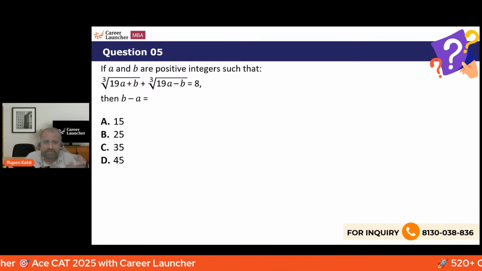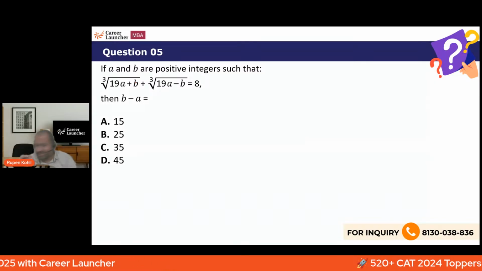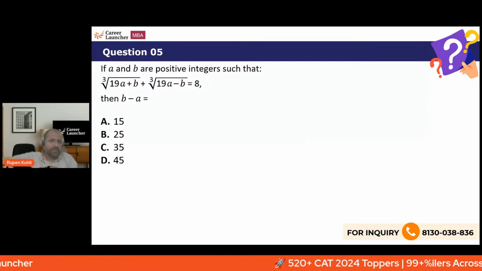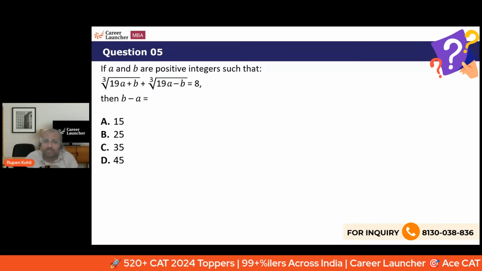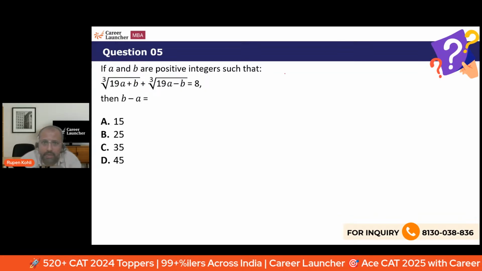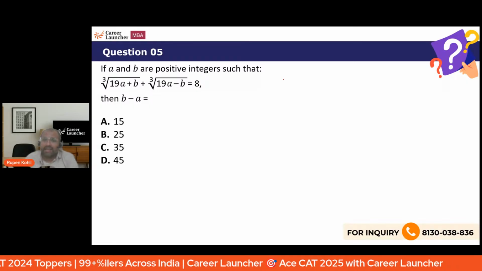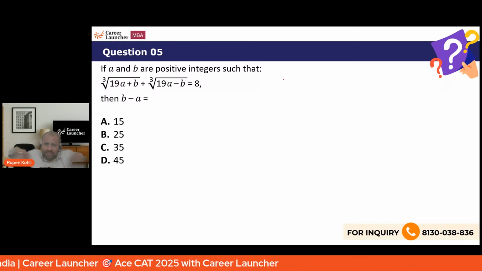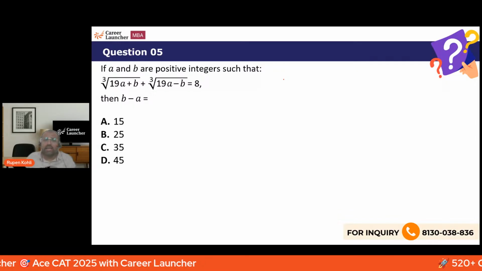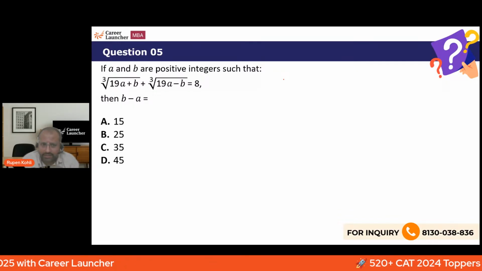The only way that this equation could work out is that if the two parts themselves are integers. Means 19a plus b and 19a minus b both should be perfect cubes so that their cube roots become integers and they add up to 8.